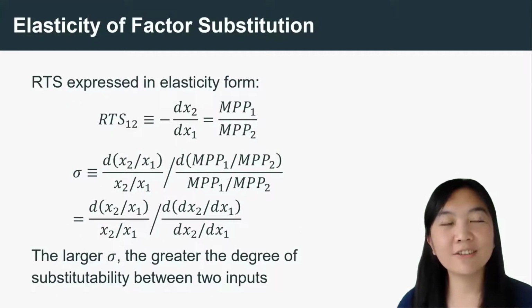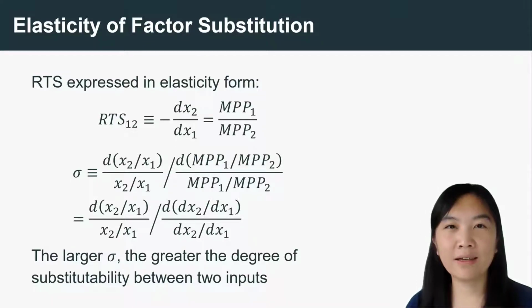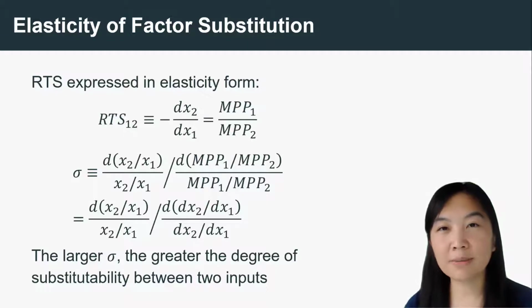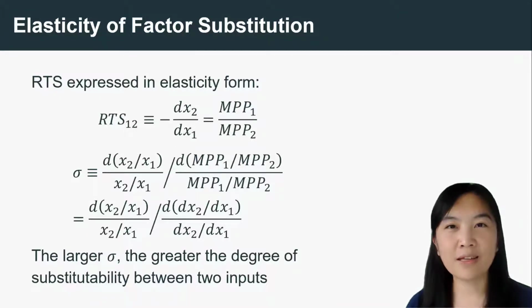We can also introduce another elasticity concept, and you can probably tell from the screen that that term is pretty complicated. So what I'm trying to show you here is that we can define an elasticity of factor substitution, and actually there's some history in the field of production economics about which elasticity of factor substitution we should use.